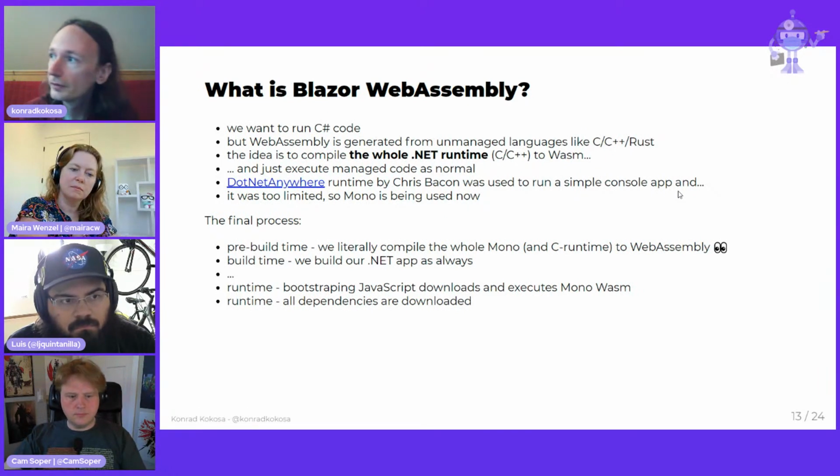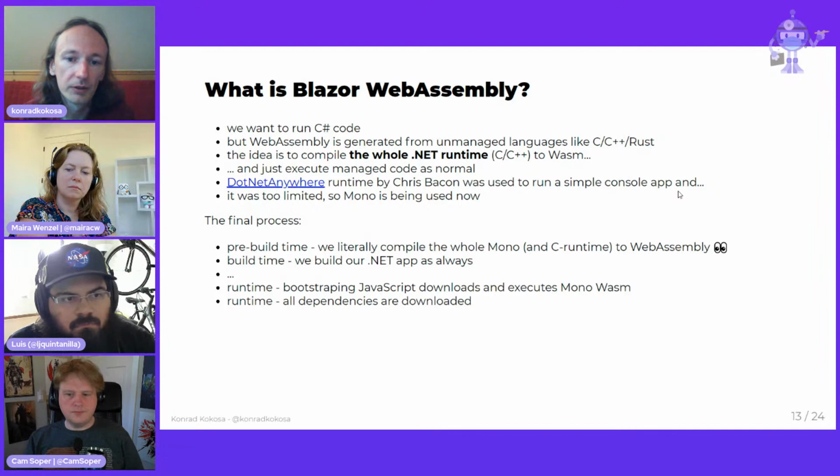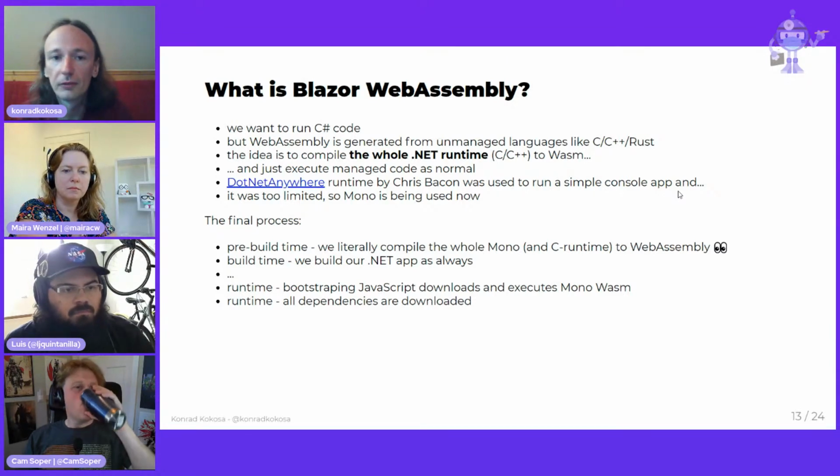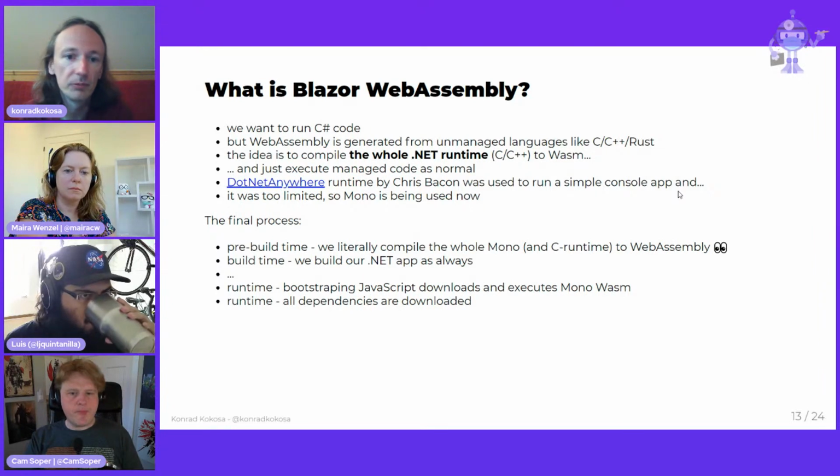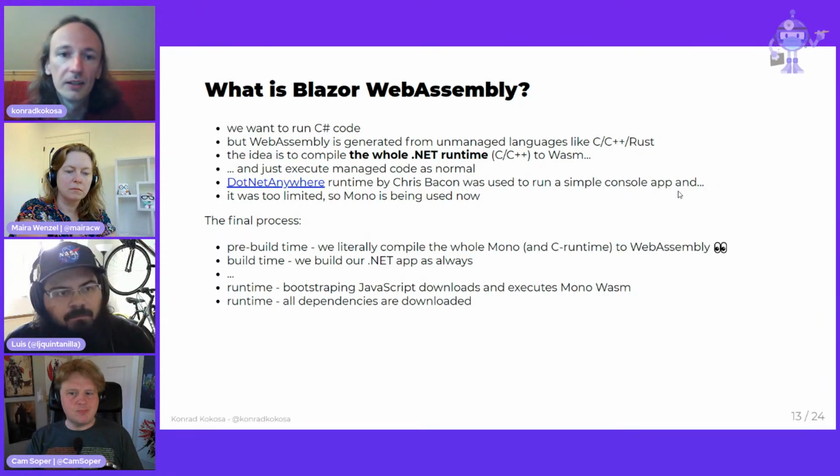On the other hand, there will be a problem, because Blazor WebAssembly is currently running in interpreter mode, because browsers don't allow you to JIT anything to any memory that would later be executed. So the only way the Mono runtime may currently execute our IL code is simply to interpret it. And that was one of the reasons, as far as I understand, why Mono was chosen, because it has a pretty decent, well tested interpreter.